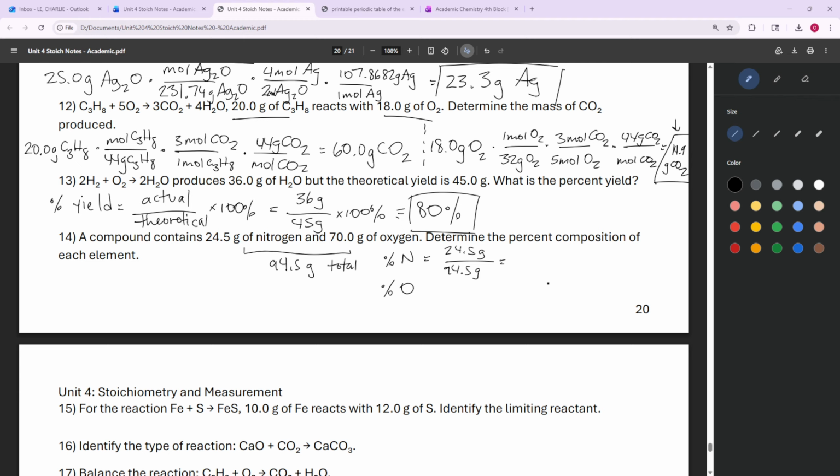So 24.5 divided by 94.5 times 100% is 25.93%. And then for oxygen, that'll be 70 divided by 94.5 times 100. So that would be 74.07%.